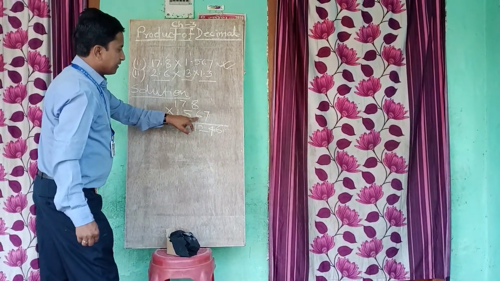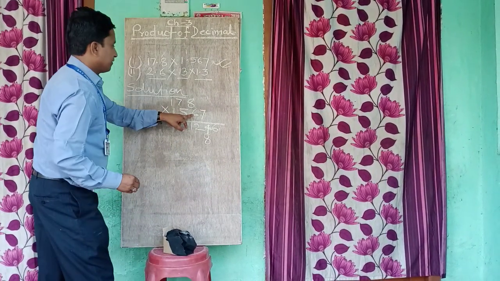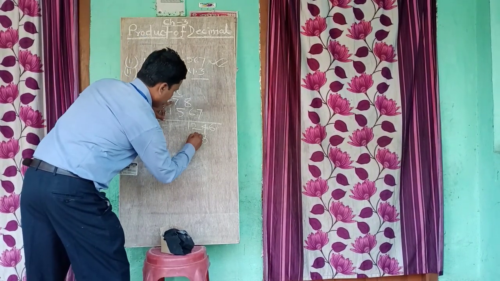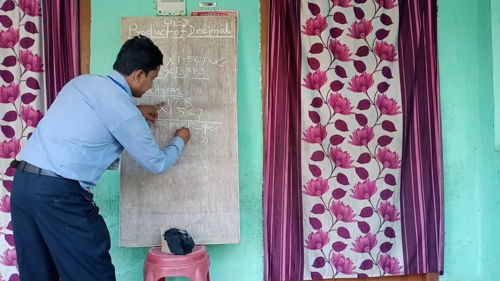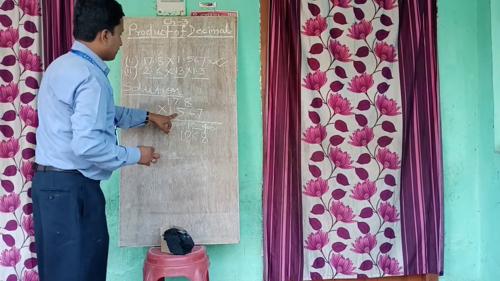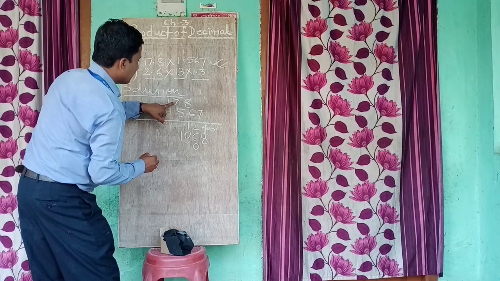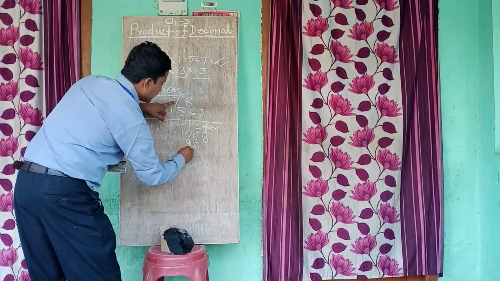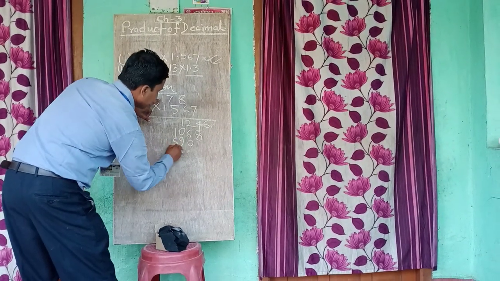Now again, 6 eights are 48, 6 sevens are 42 and 4 is 46, 6 ones are 6 and 4 carry, 10. Now table of 5: 5 eights are 40, 5 sevens are 35, 35 and 4 is 39, 5 ones are 5, 5 3 8.